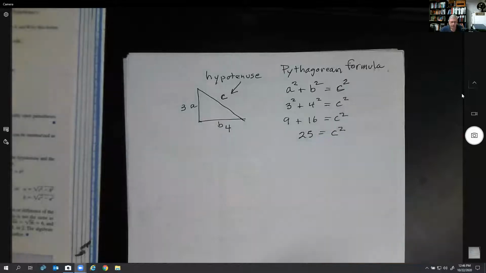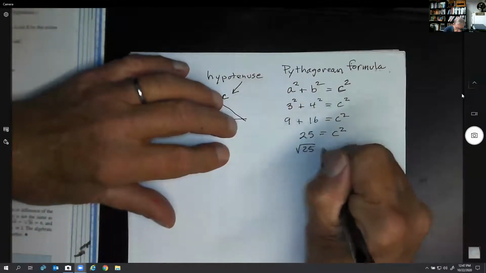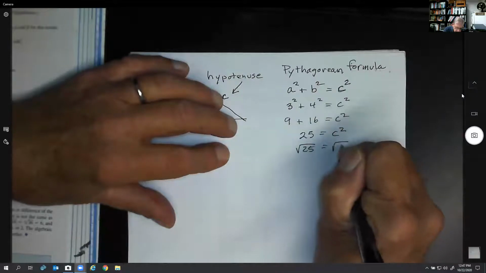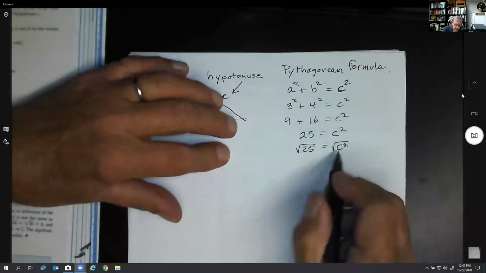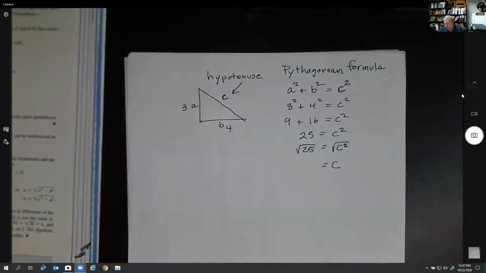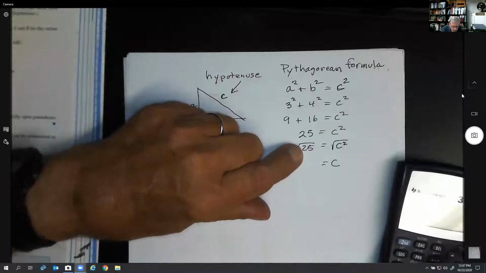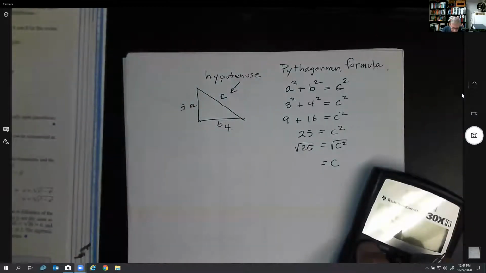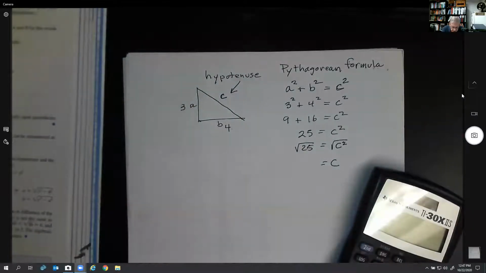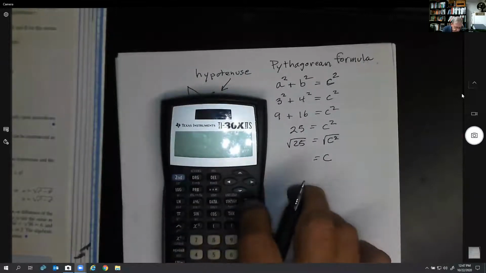The only problem we have is that doesn't give us C. We want side C. So we have to do something called taking the square root of both sides. The square root of C squared is C. The square root of 25, we can look it up on a calculator. We just hit second x squared.